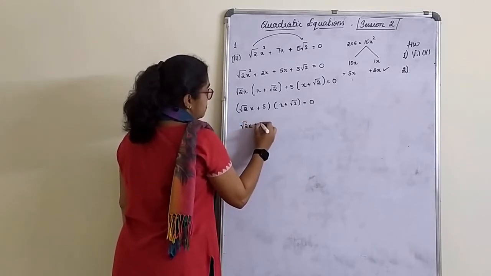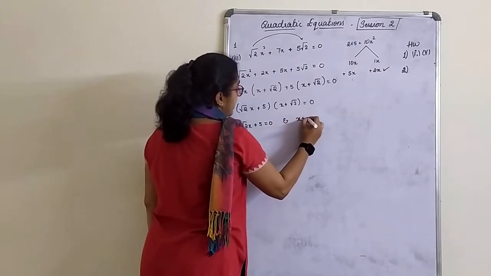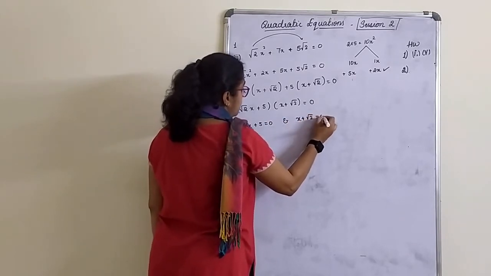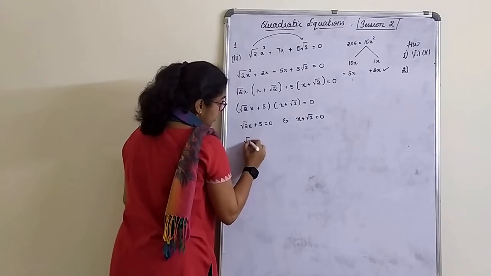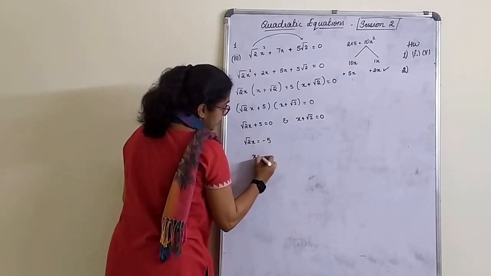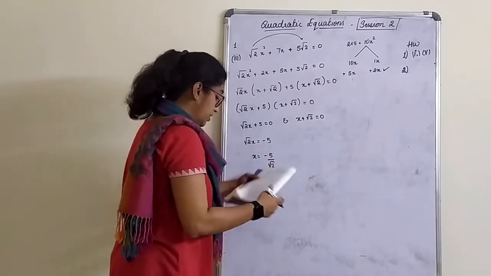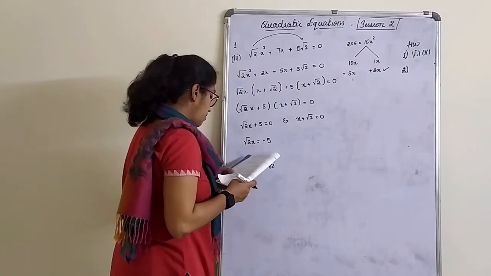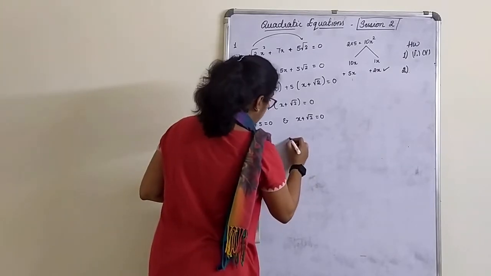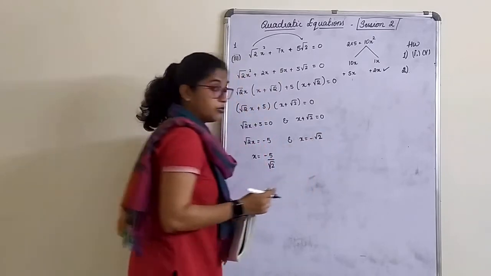Root 2x plus 5 is equal to 0 and x plus root 2 is equal to 0. Root 2x is equal to minus 5, x is equal to minus 5 by root 2, and x is equal to minus root 2.